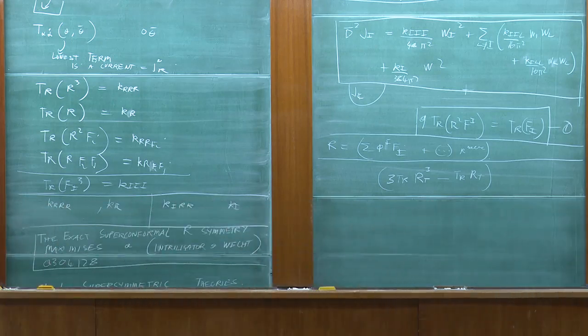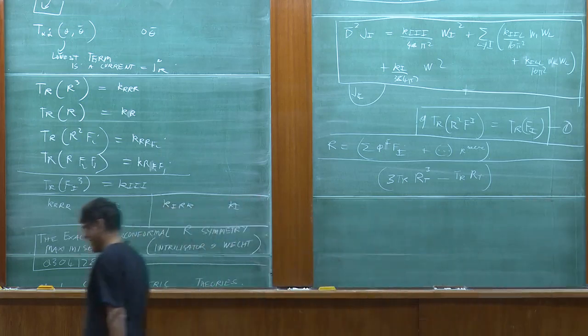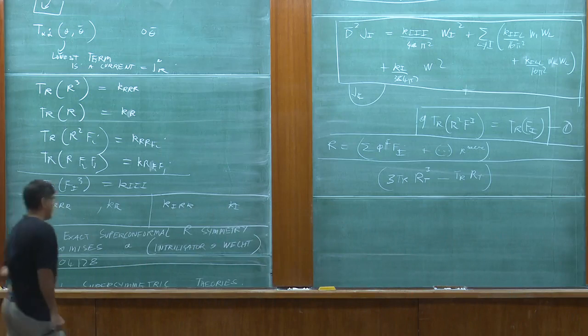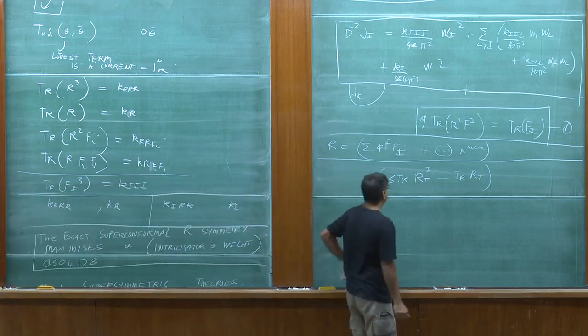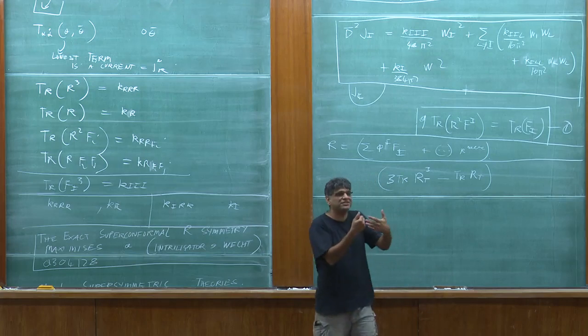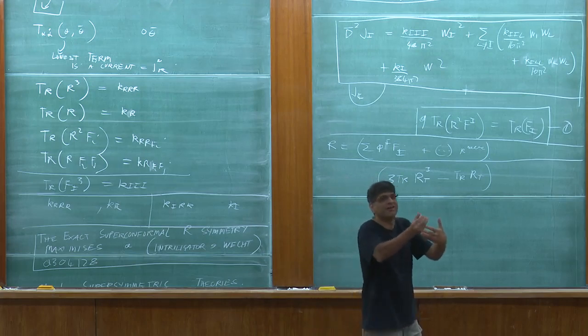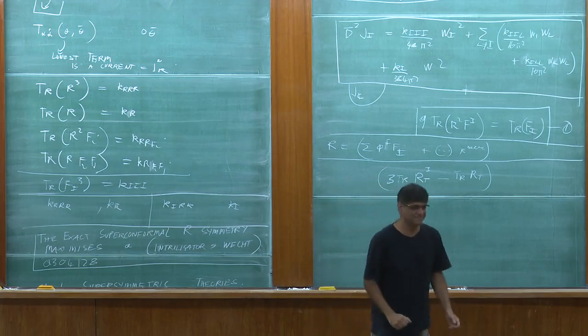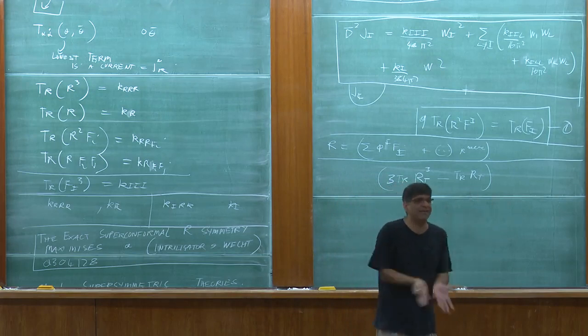I give you a functional built out of trial R charges, and I ask the following question: what do I get if I extremize this function? I extremize it by changing the little coefficient of Fi in it, for instance, and I have to extremize it with respect to all the Fi's.